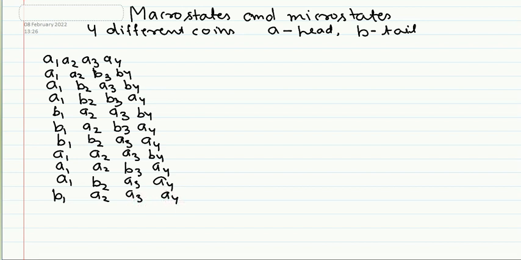So this number is 1, and then 2 heads means 1, 2, 3, 4, 5, 6, up to 6. So this is 6, and then this is 4 for 3 heads, and then we have 1 head, only 1 head.